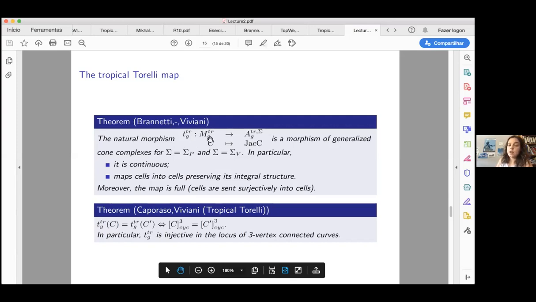Meaning, you have a decomposition here. This space is obtained as a generalized cone complex with cells that you glue together according to the structure of the category that I defined last time, the category of stable graphs with contractions.